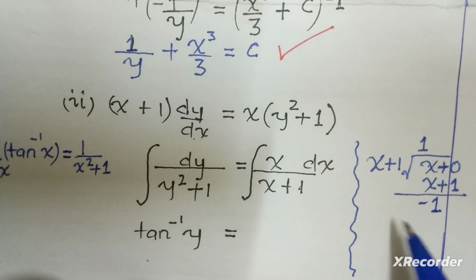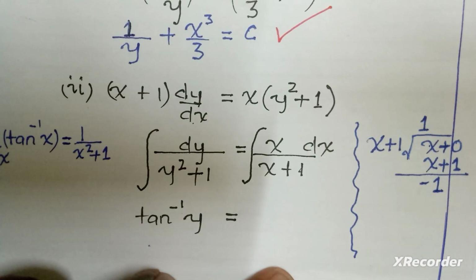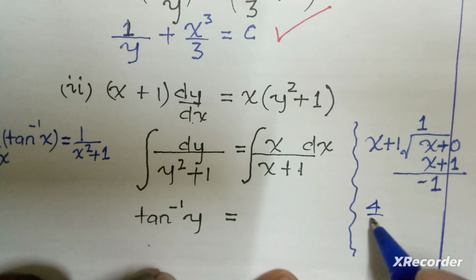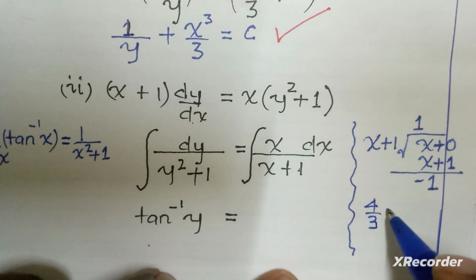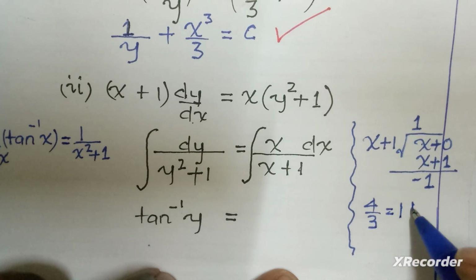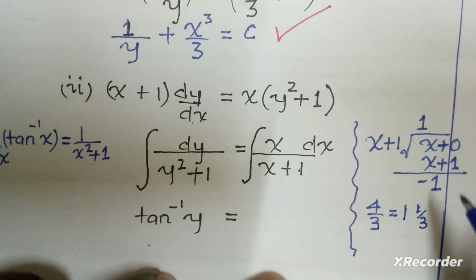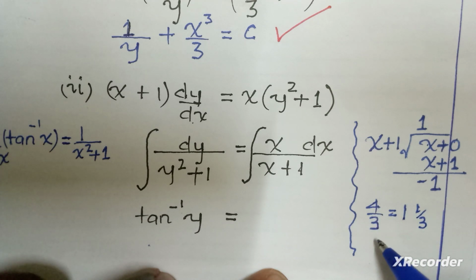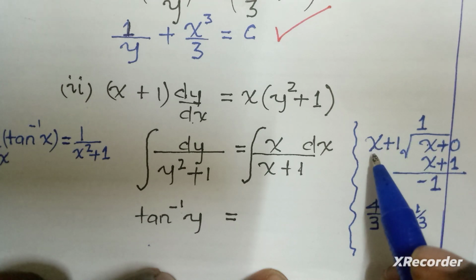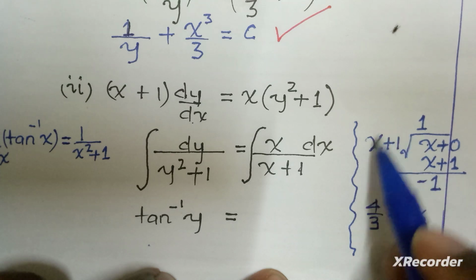This is a situation whereby, guys, you can think of 4 divided by 3. When you say 4 divided by 3, this is the same as 1 and 1/3. So 4 is divided by 3, just like this x is divided by this, and this one is like our 3.